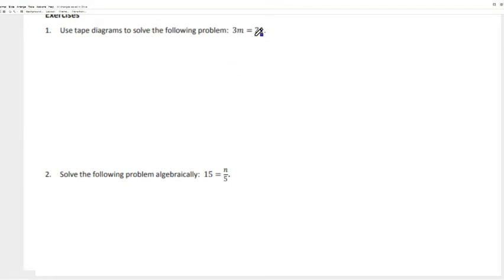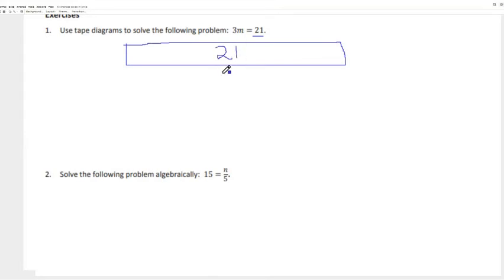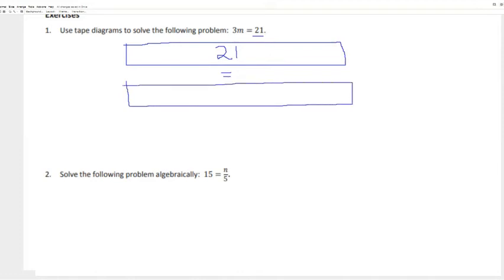So remember, on the tape diagram, first we want to write the number that's all by itself because this is a multiplication problem. So this would be 21. And then this is going to equal, and of course, the other tape diagram has to equal the same length. And of course, it's 3m. So it needs to be broken up into 3 equal parts of m.